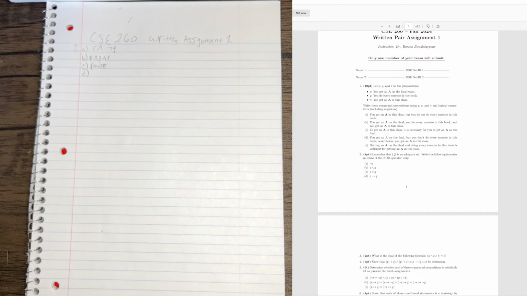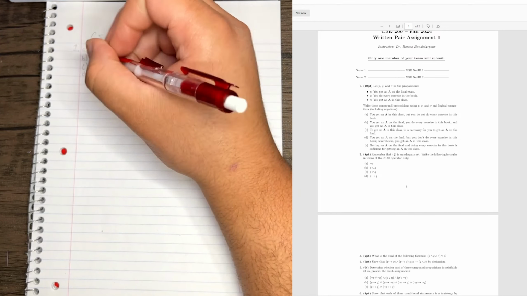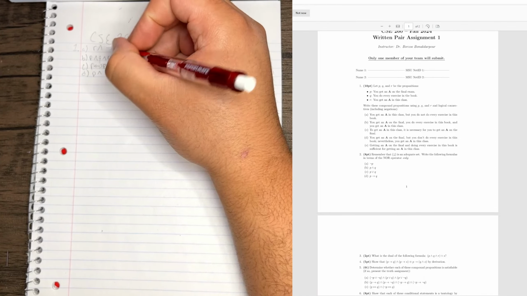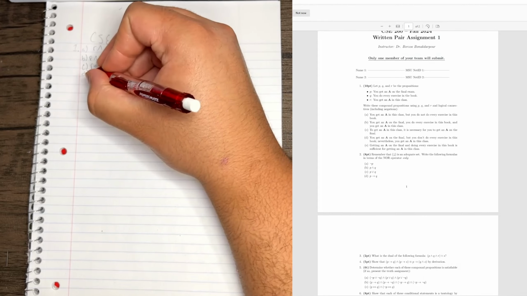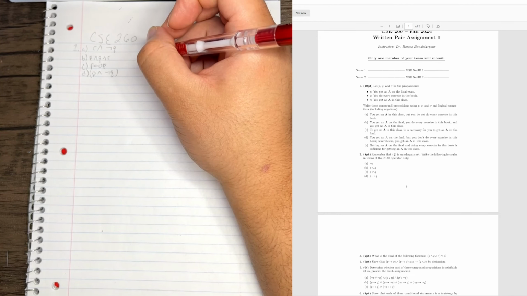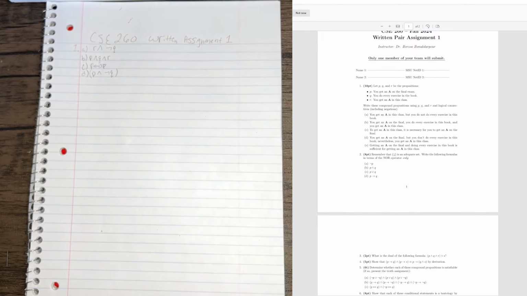And D, and final. So P and not Q. Parentheses. Nevertheless, you get an A in the class. I think that just might be an if then. Or maybe that's an and.